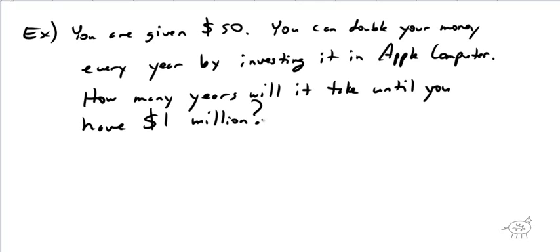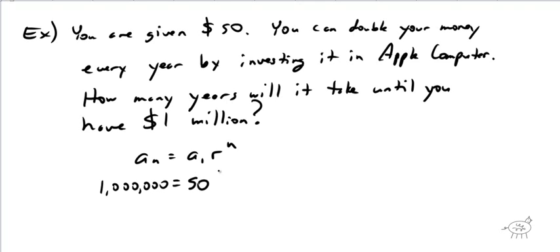So we're going to use our nice little friendly formula. A sub n equals a sub 1 r to the n. Remember, with money, it's to the n power. You're basically saying I've got $50. Remember, that's your starting value, so 50 is a sub 1. A sub n is $1 million. That's how much I'm going to have at the end, right?